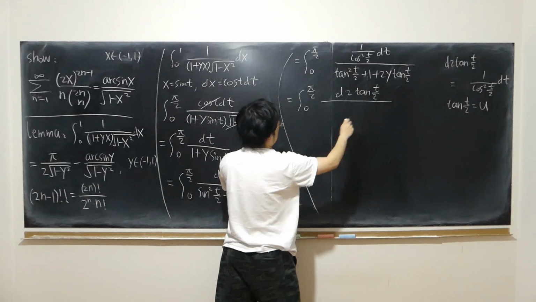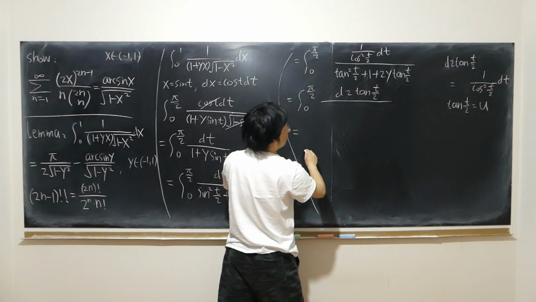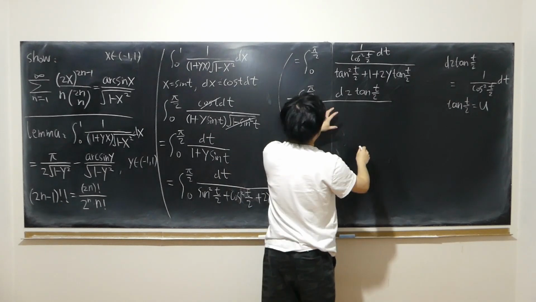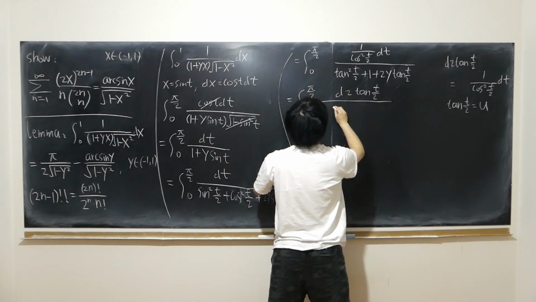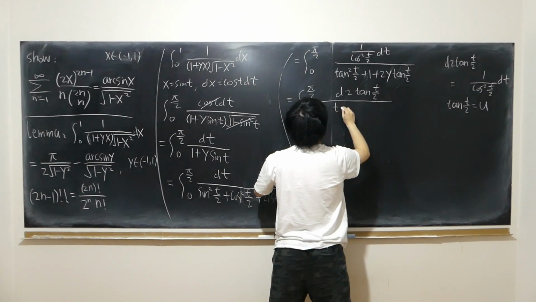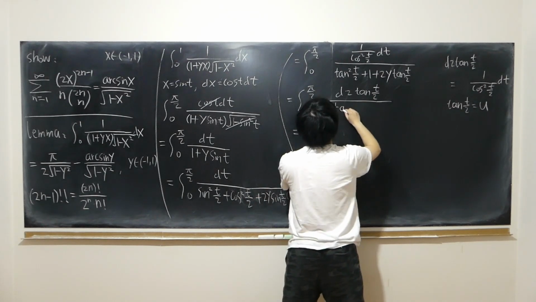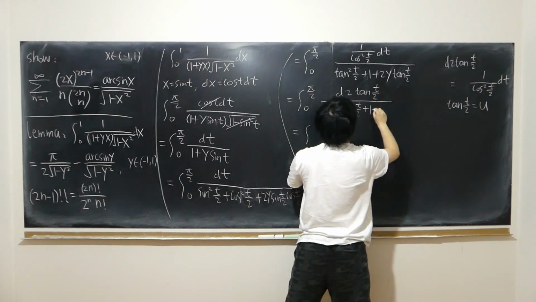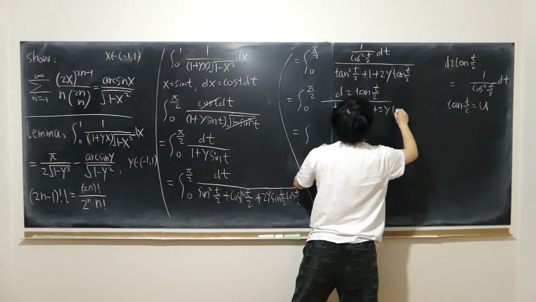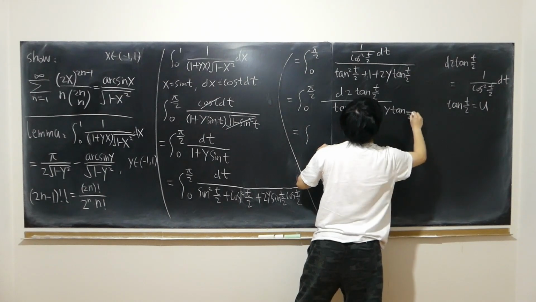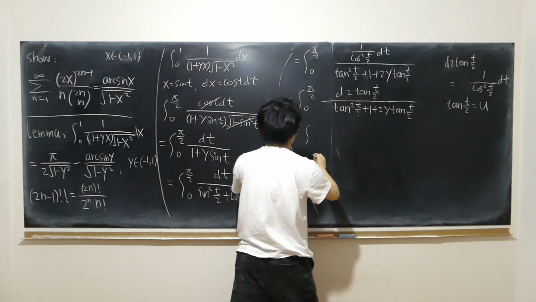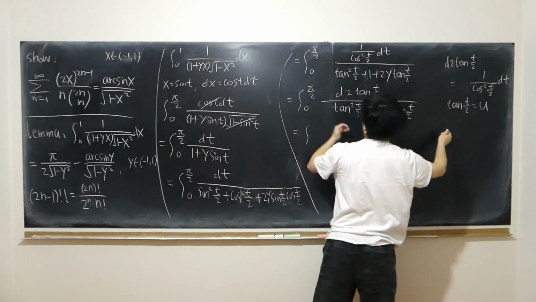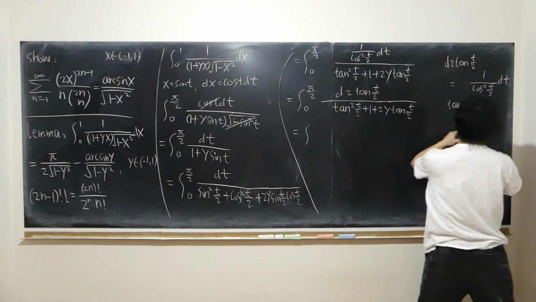In fact, the bottom is tangent squared plus 2y tangent plus 1. When t is equal to 0, u is equal to 0.